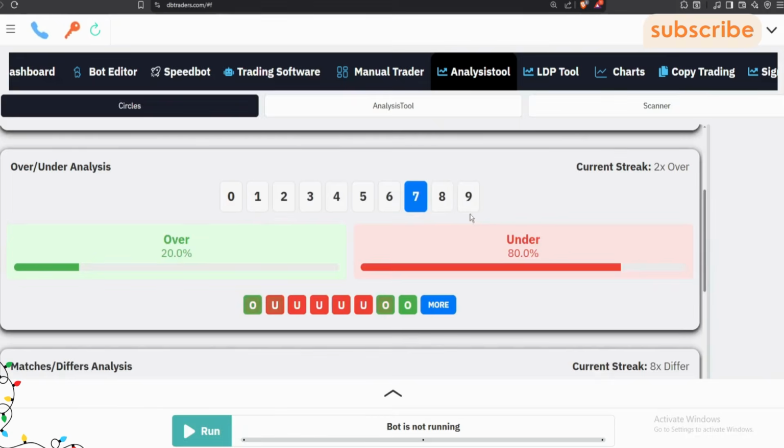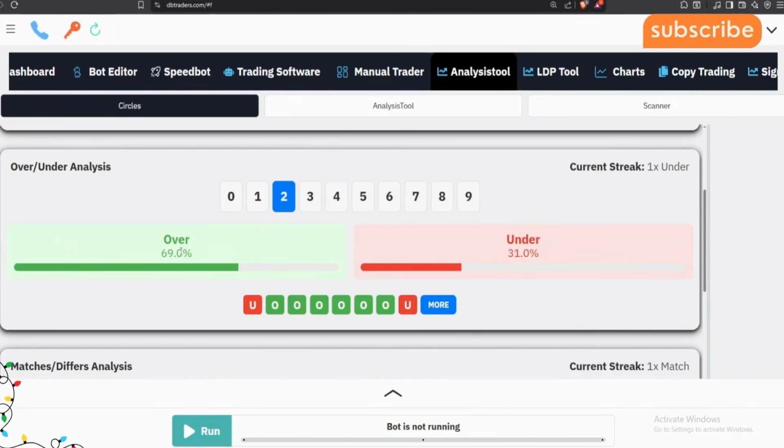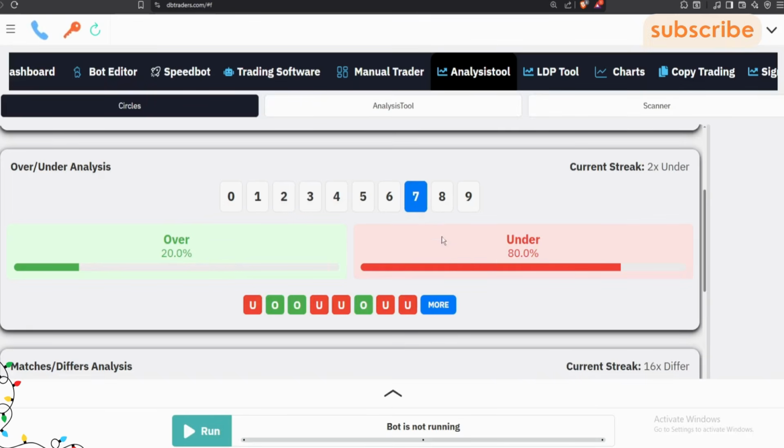Again, if I select over 2, you can see over 2 has a profitability ratio of 69.1. But if we come to under 7, and believe me, guys, these markets are basically the same. The profitability ratio of over 2 and under 7 is basically the same. The profit you will get from trading over 2 and under 7 is the same.